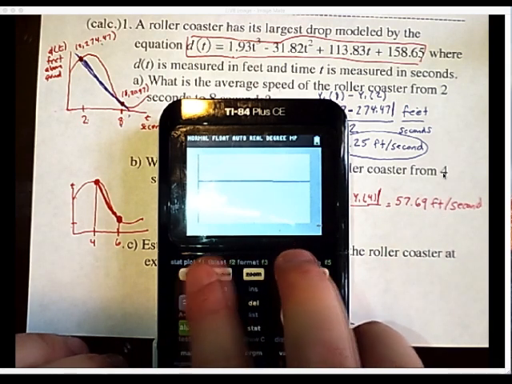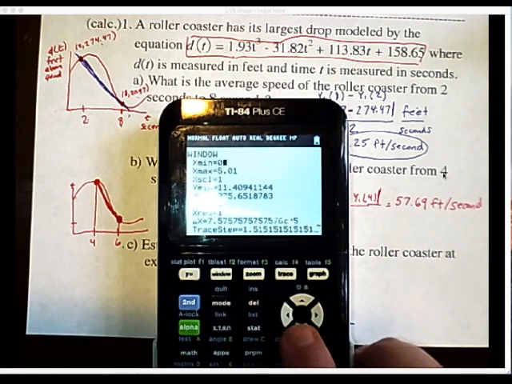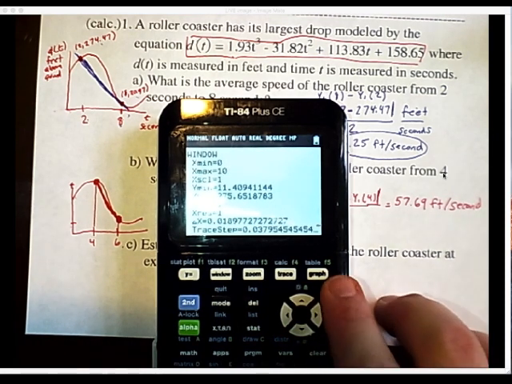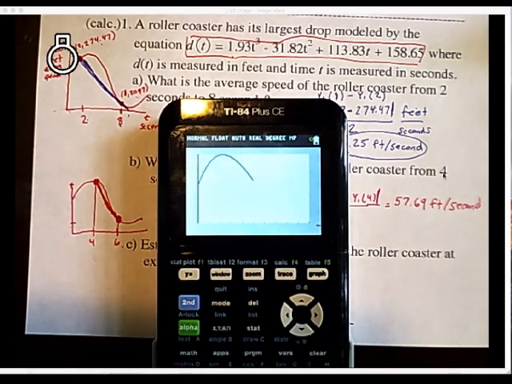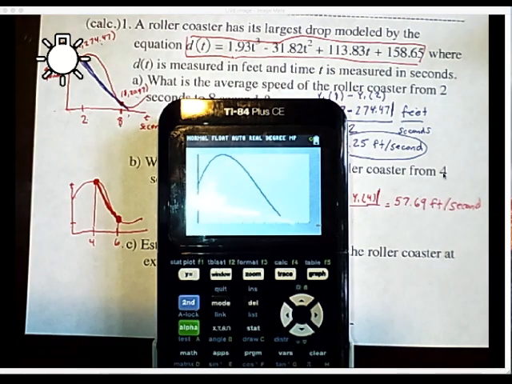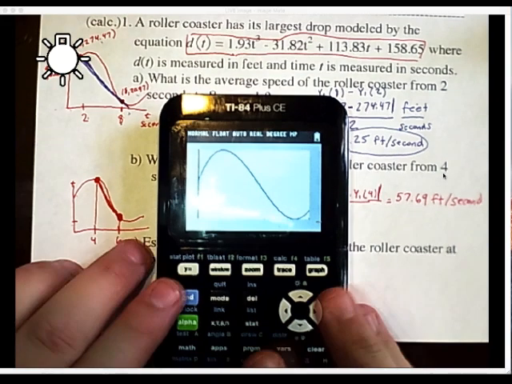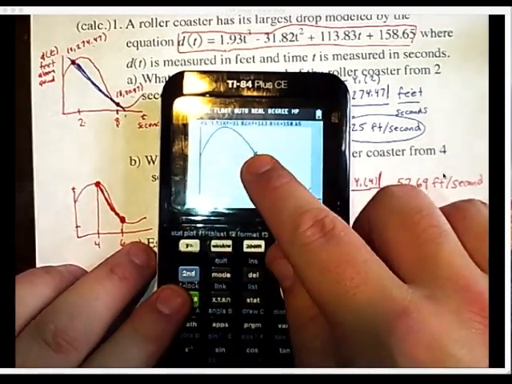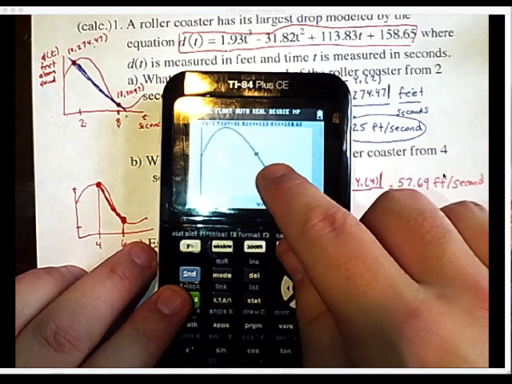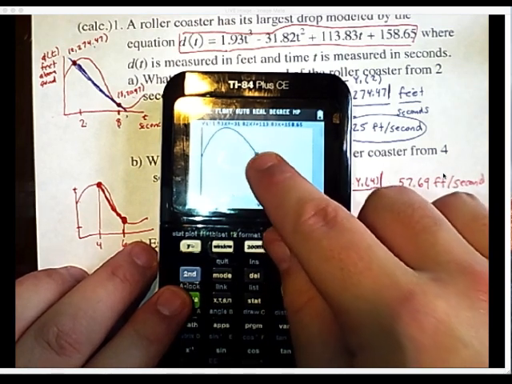Because what we're doing, if I go back to my 0 to 10, so we can see that, and if I hit trace, there's 5 right there. Okay, so I can look really, really close to there.